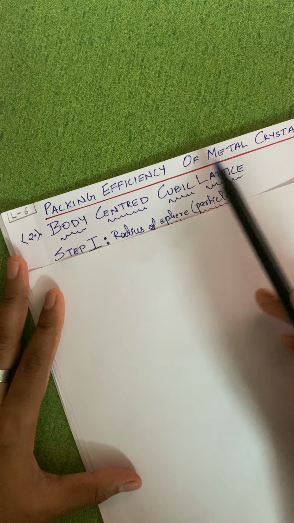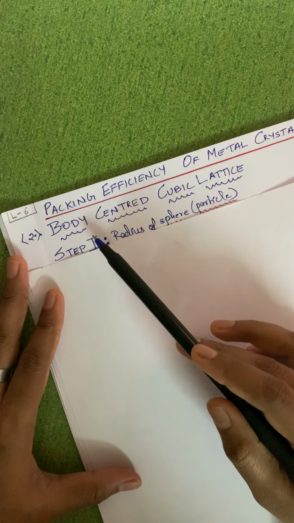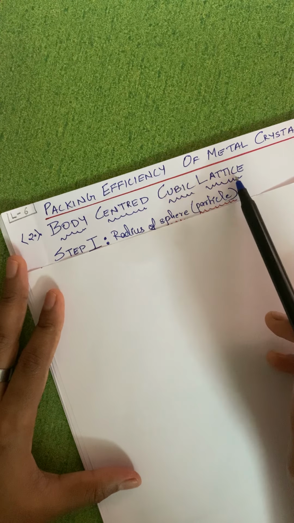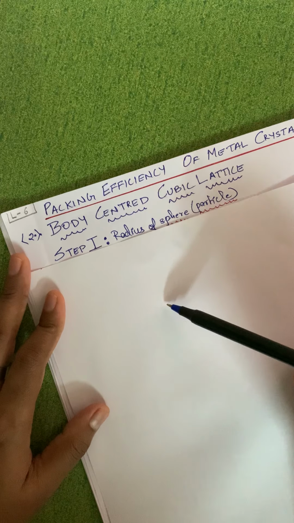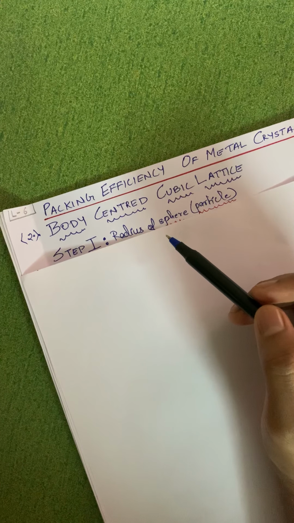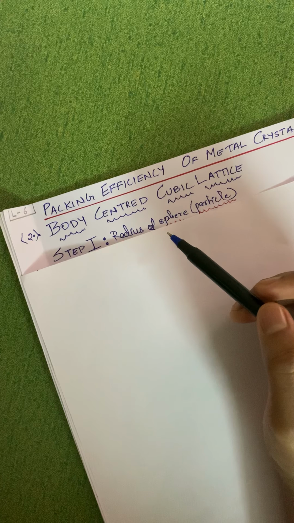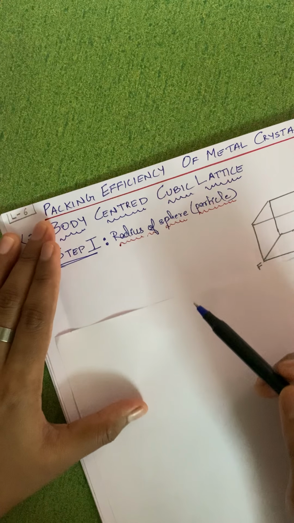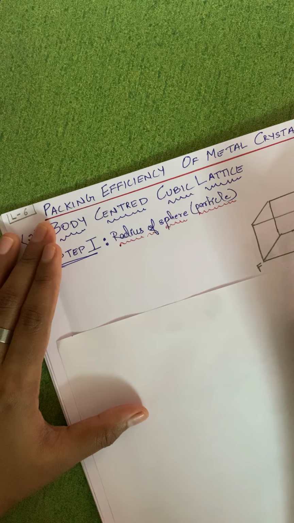Packing efficiency of metal crystals in body centered cubic lattice. Okay, now as you know, body centered cubic lattice, that means the constituent particles are at the corners and one whole particle will be there in between the crystal.